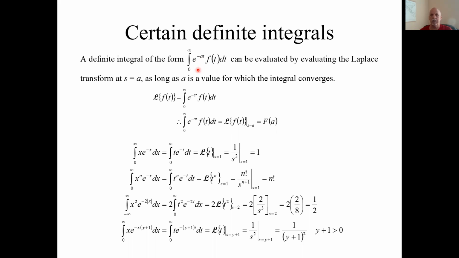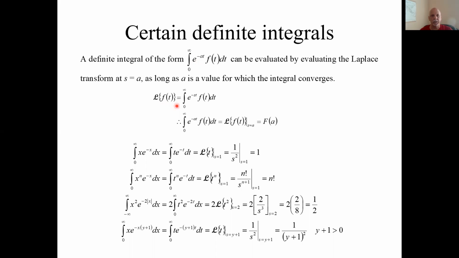This almost looks like the Laplace transform, except it's got this constant a instead of s. You have the s, the complex variable, if this were the Laplace transform. So this would just be that Laplace transform evaluated at s equals a, right?